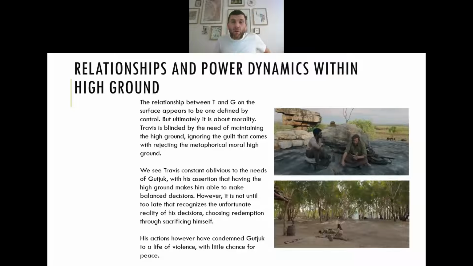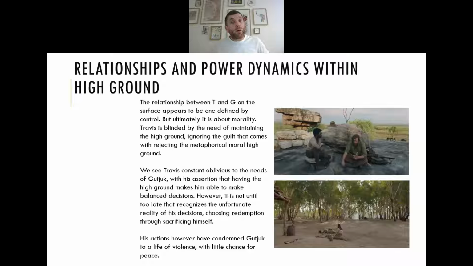He says that you just pretend to be a white man. You're not a real Indigenous person. So I think that these actions, which Travis thinks he's doing for a good reason, are actually condemning Gutjuk to a life that he doesn't need to live. If he hadn't taken him, he probably would have been taken and grown up by his grandfather and with his own people.